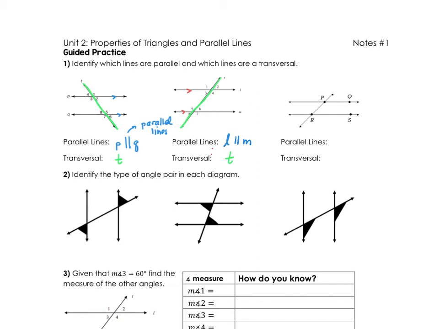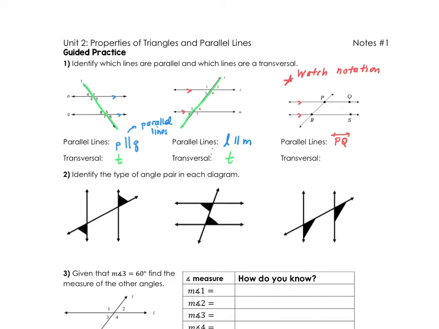All right, the last one, be careful. On this one you have to watch your notation. Our two parallel lines are going to be line PQ. We can't get away with a single letter in this case because it's not a lowercase letter off to the side.